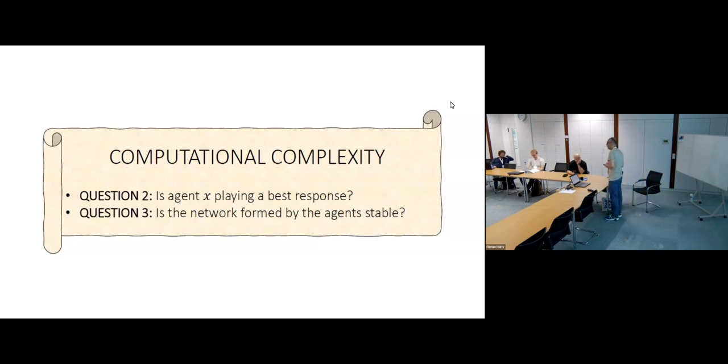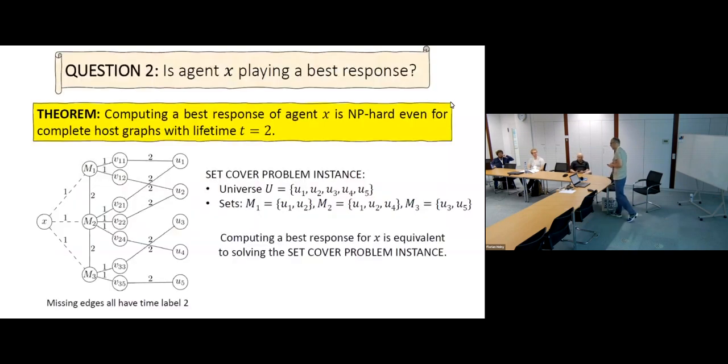Okay, now coming to the computational complexity aspects of the game. Concerning question number 2, in which we want to understand whether an agent X is playing a best response or not, we provided a quite standard reduction for the world of network creation games and proved that this is an NP-hard problem. The reduction is from the set cover problem. So we defined a host graph, which in our case has a lifetime of 2. All the missing edges that are not depicted have a time label equal to 2.